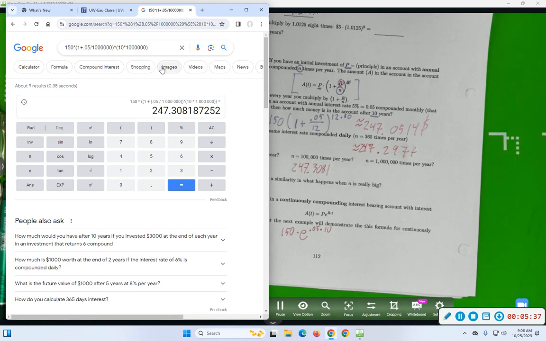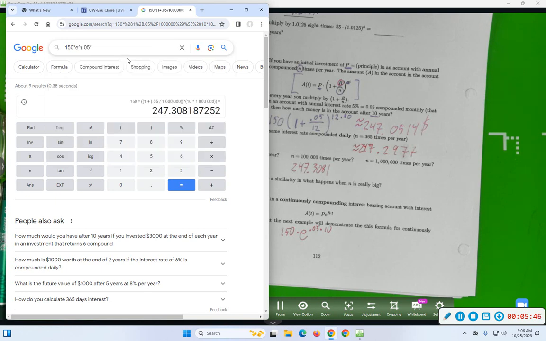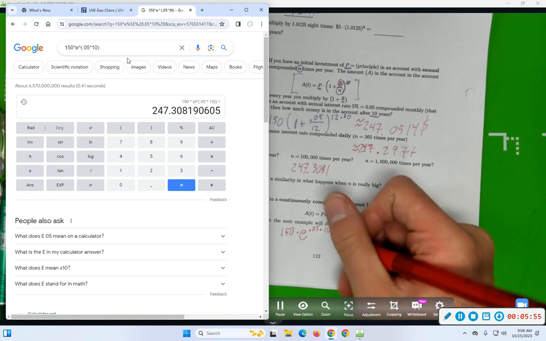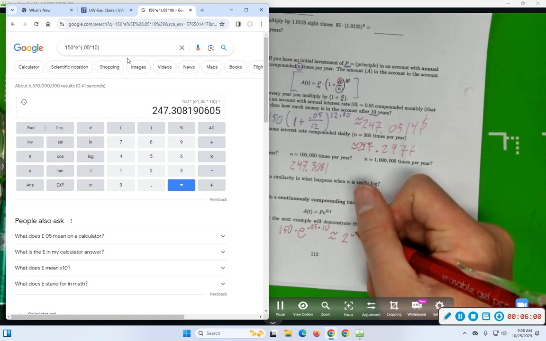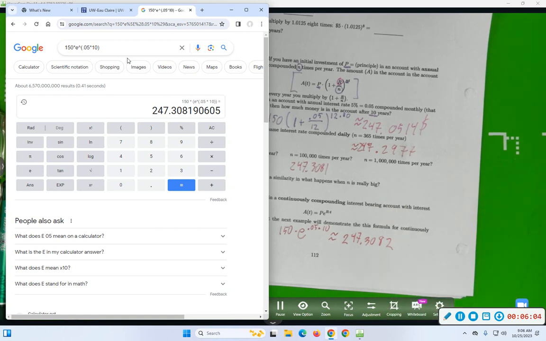Let's see what we get. 150 times Euler's number raised to the 0.05 for 5% times the number of years, 10 years. Do we get pretty close to that? In fact, it's not going to be exact. That one rounds up to a 2. Neato.